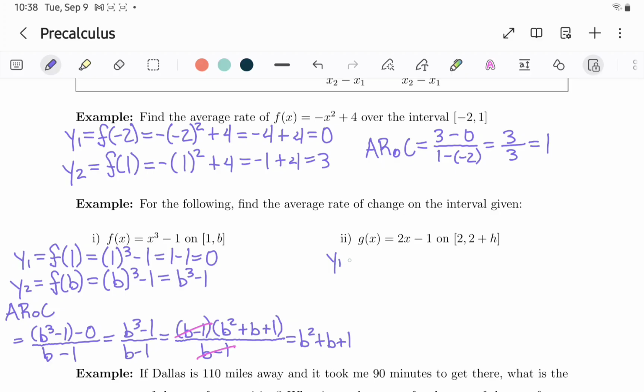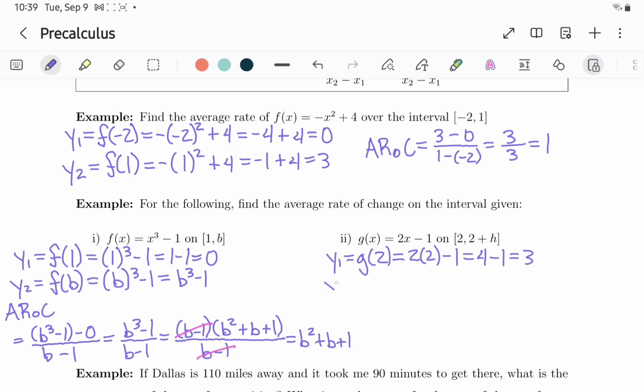So y sub 1 is going to equal g of 2, which is equal to 2, then parentheses, put a 2 in there for x, and then minus 1. Simplifying, 2 times 2 is 4 minus 1, which is equal to 3.